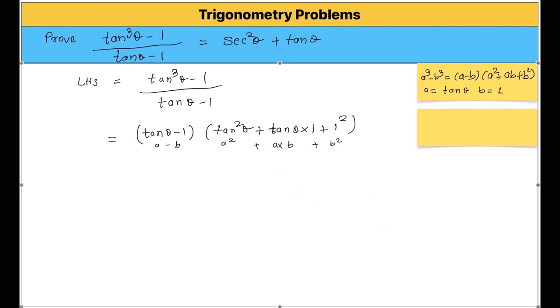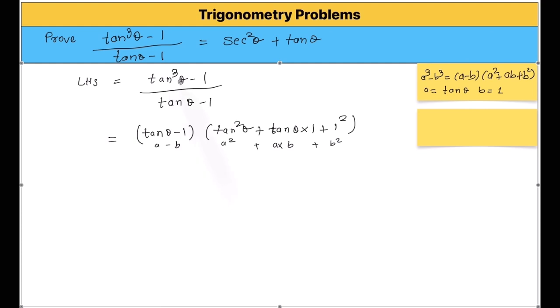I have simplified it by showing what is a and what is b: a minus b is tan theta minus 1, a square is tan square theta, plus ab is tan theta into 1, plus b square, 1 square.